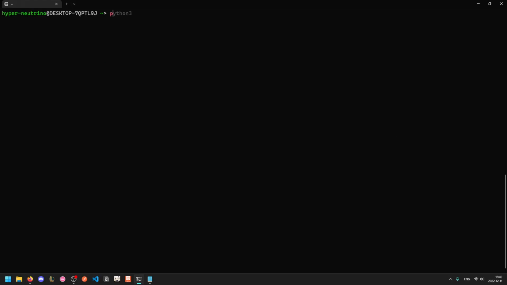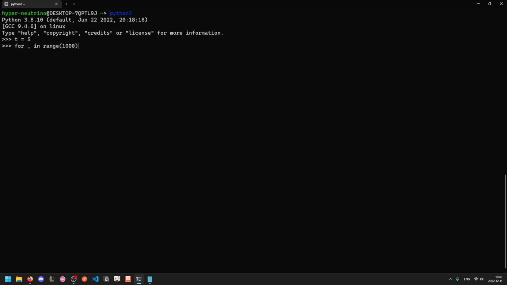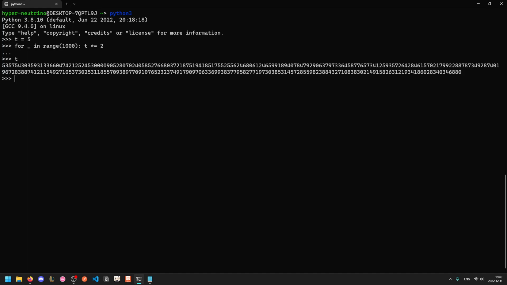Let's just do an example. So in Python, let's start t out equal to 5, and let's say we want to multiply it by 2 1,000 times, and then modulo 7. So if we double t 1,000 times, t is now equal to this number, which is very massive and doesn't fit within most programming languages' integers.